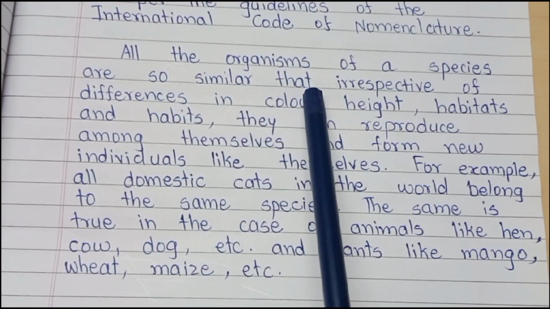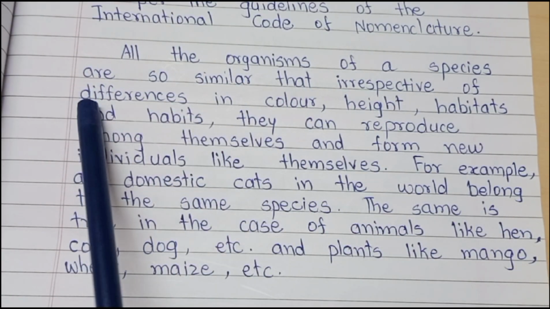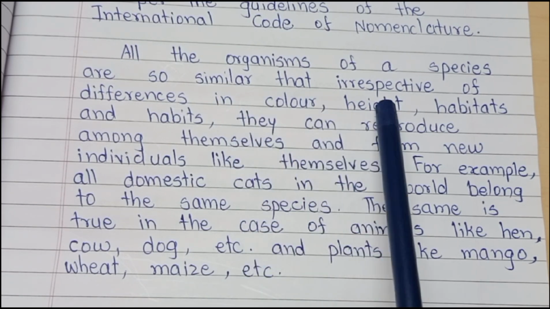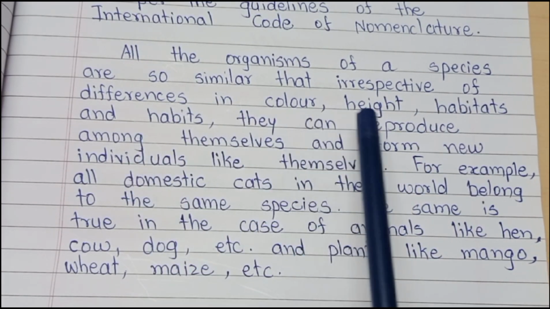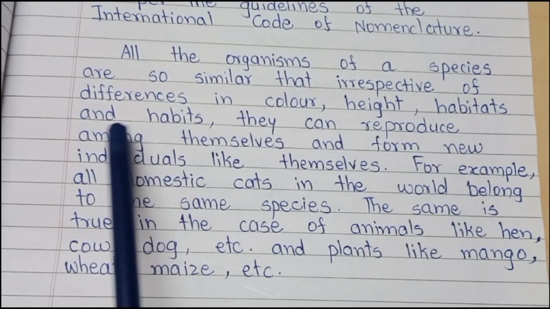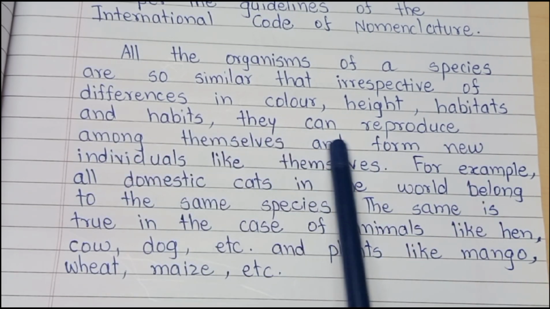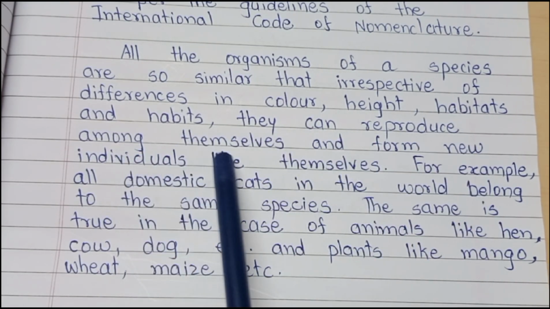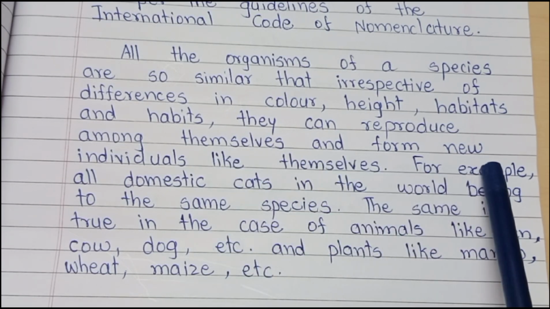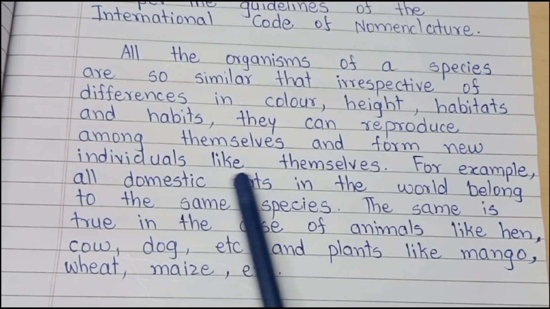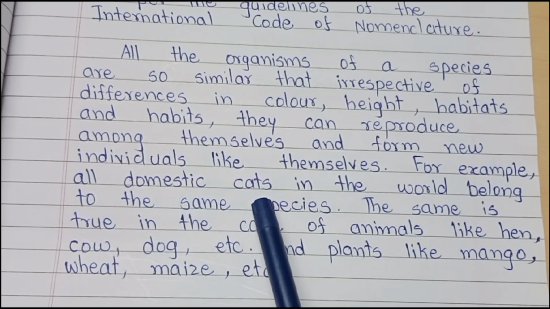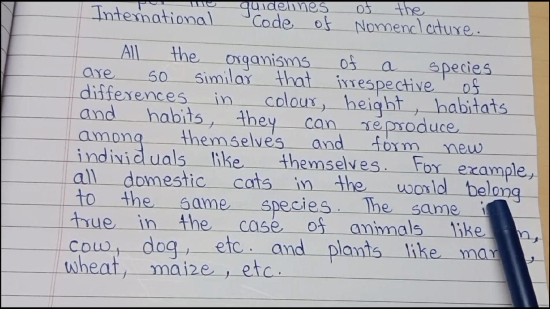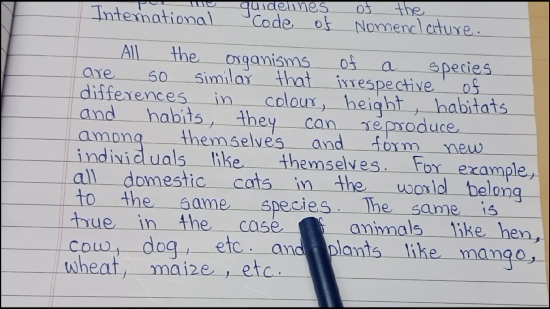All the organisms of a species are so similar that irrespective of differences in color, height, habitats, and habits, they can reproduce among themselves and form new individuals like themselves. For example, all domestic cats in the world belong to the same species.